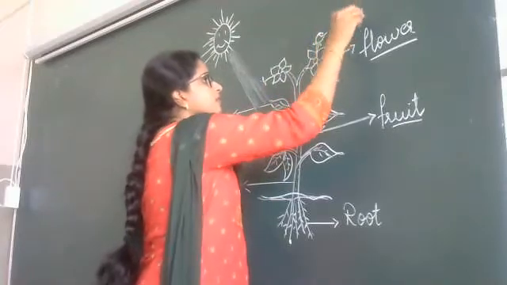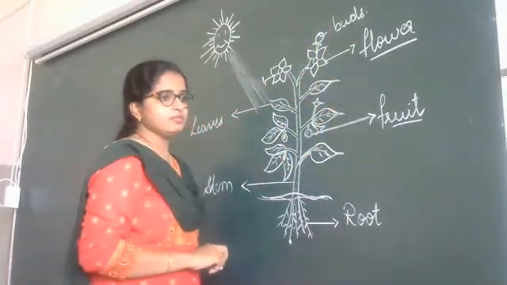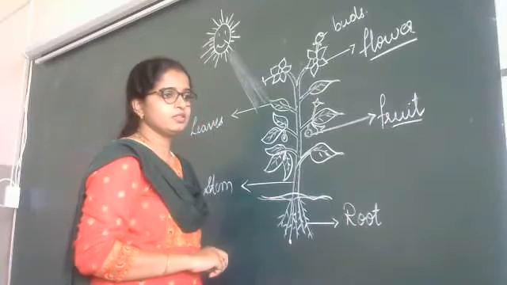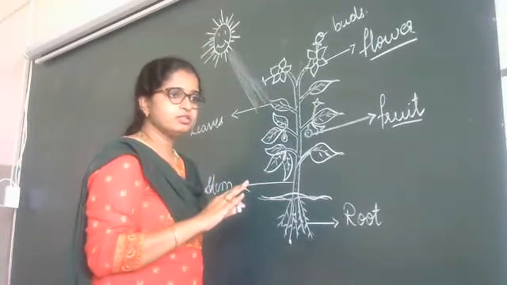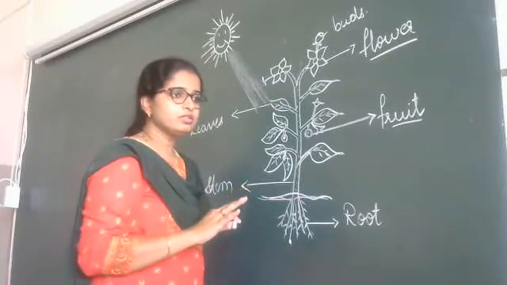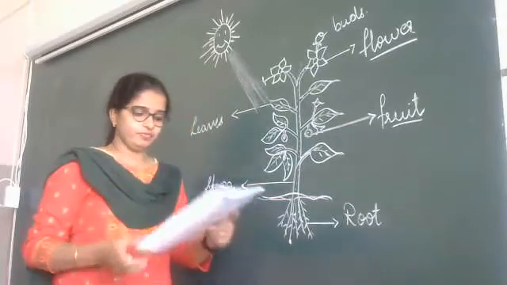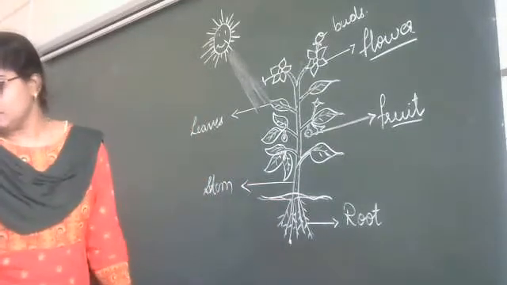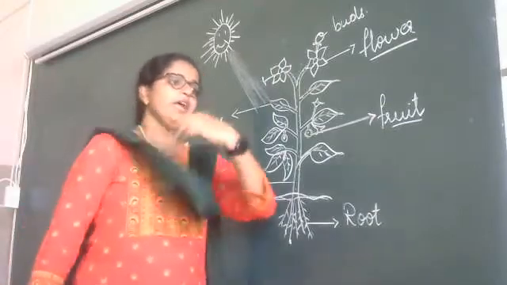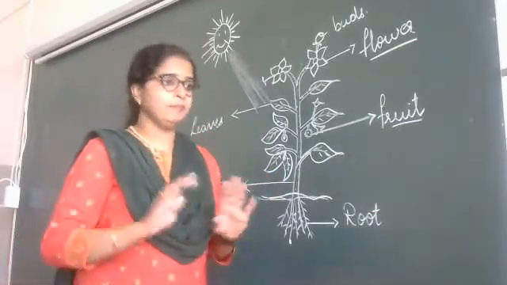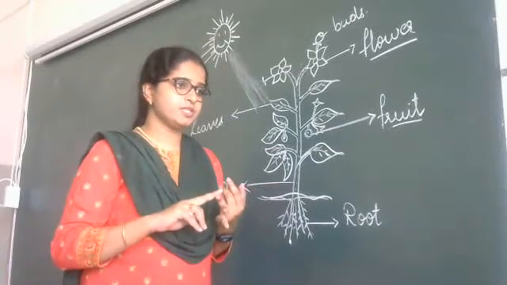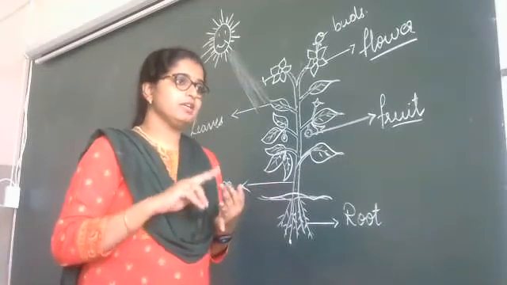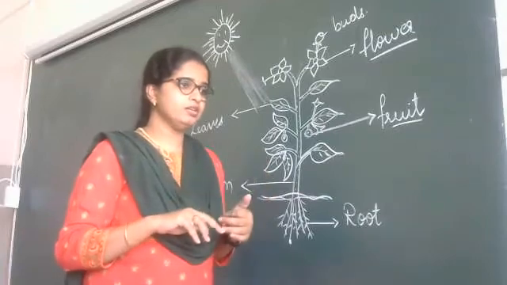Okay? All of you got this? Any doubt? No doubt? Okay. Till here we have learned many things about plants, trees, shrubs, herbs, creepers, climbers, and parts of the plant.